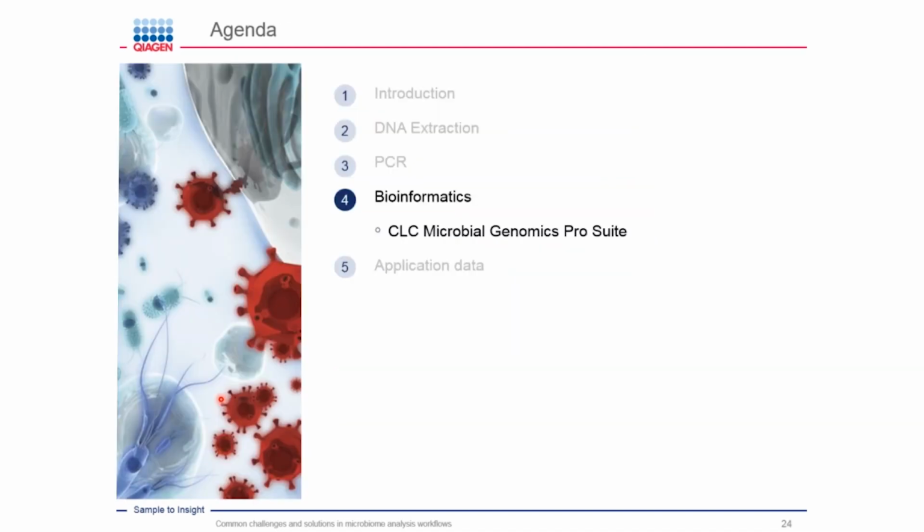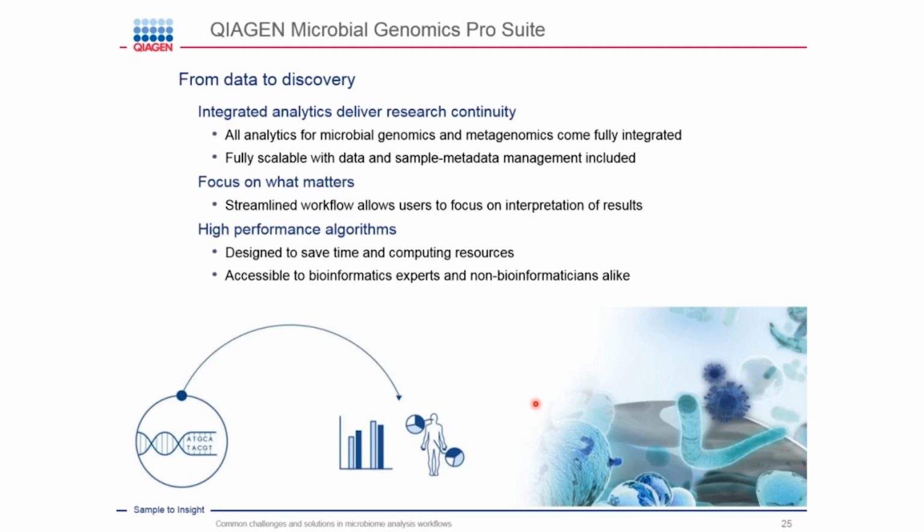So now you've done everything. Your libraries are sequenced, you get the sequencing results back, and now you have to analyze them. As said, my challenge when I got my first NGS results was just the pure mass of results and that I'm not a bioinformatician. So at the time when I got it, unfortunately, I wasn't aware of CLC because I was still at the university, and I would have loved it. Because CLC is an integrated analysis which delivers all the data you need.